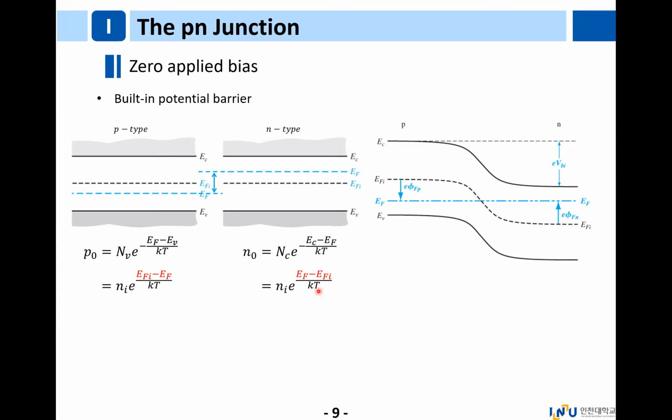Then we can calculate the total bending in the entire p-n junction by summing up these differences, right?